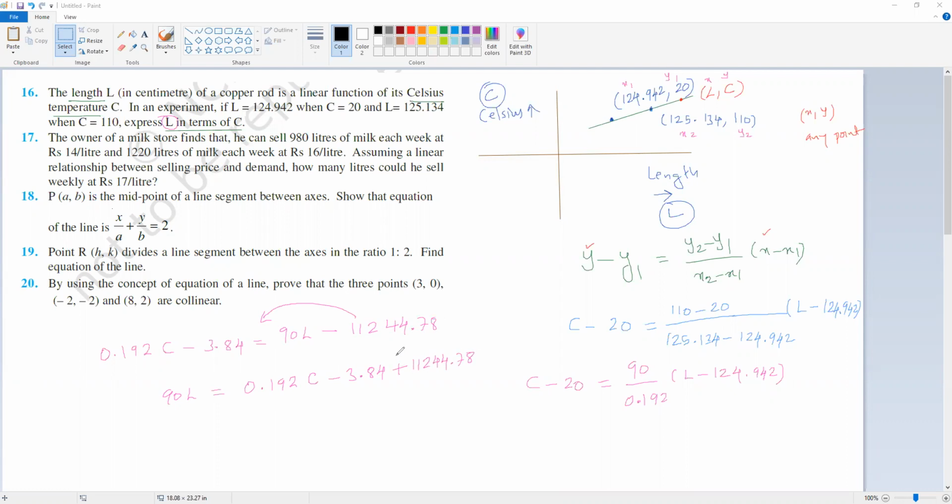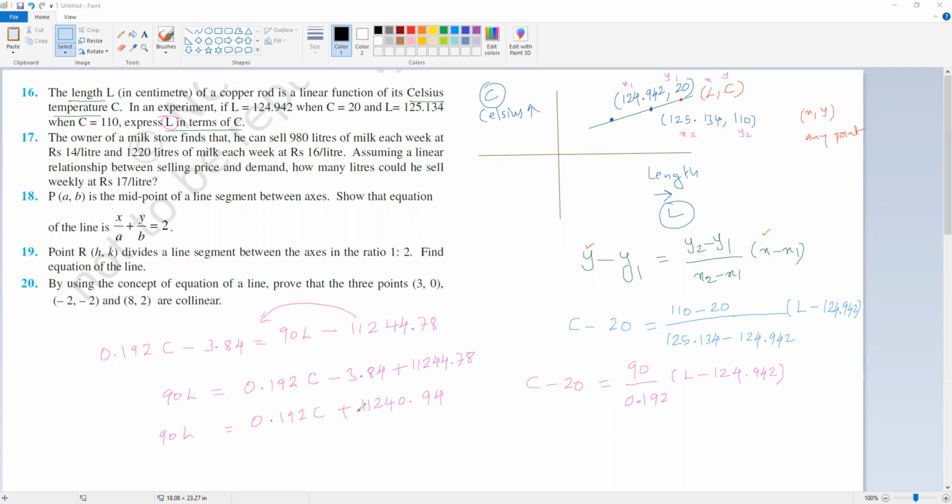So 11244.78 minus 3.84. So 90 L is equal to 0.192 C plus 11240.94.